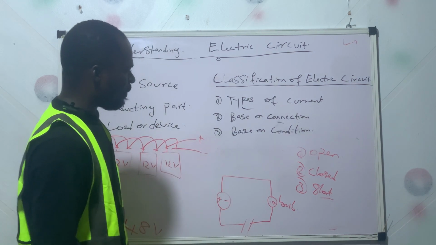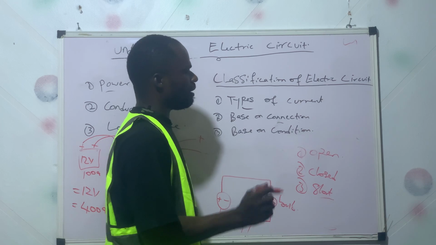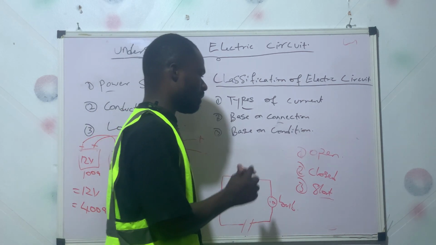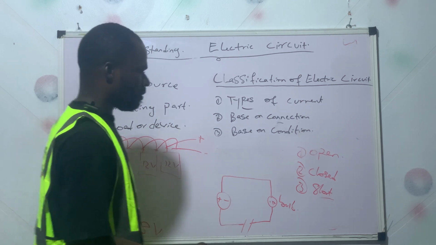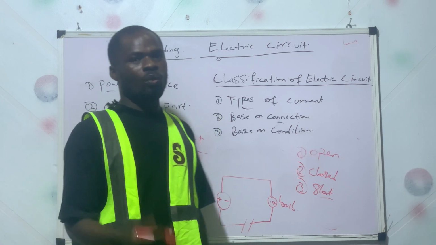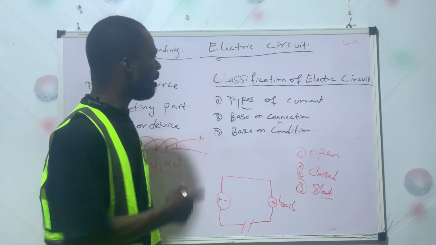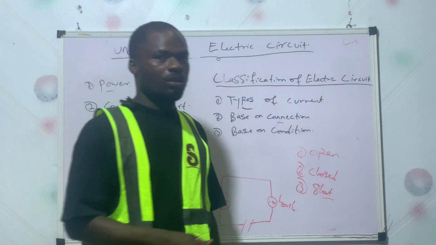But for now, this is the major foundation in electrical installation, understanding your electric circuit. This class is broad, so follow us closely while we walk you through this very beginning of electrical installation.